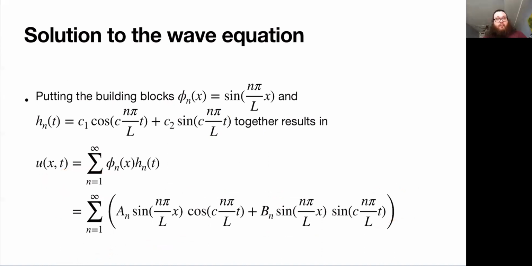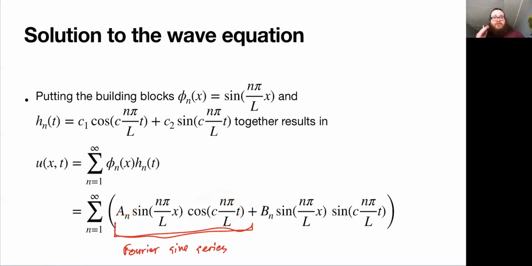Okay, so now of course the question is, how do we get these coefficients A sub n and B sub n? Notice here, in a sense, we have two Fourier series going on. The first Fourier series is this, and in particular, this is going to be a Fourier sine series where the building blocks for the sine series are these things, and the coefficients for each of these are going to be this times this.